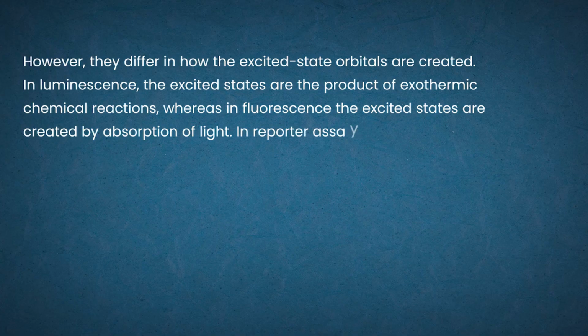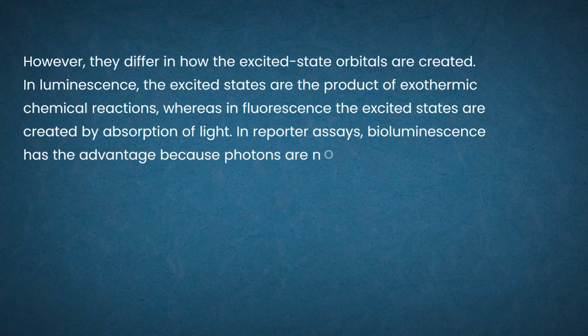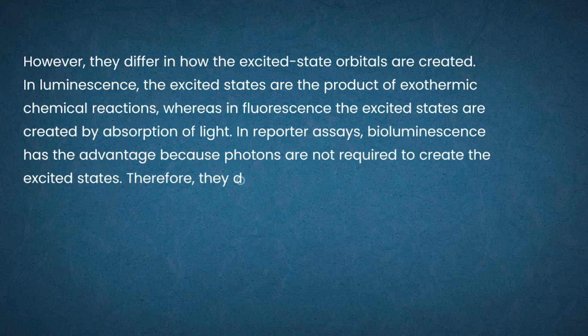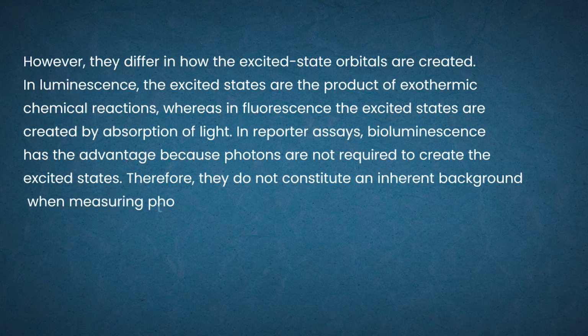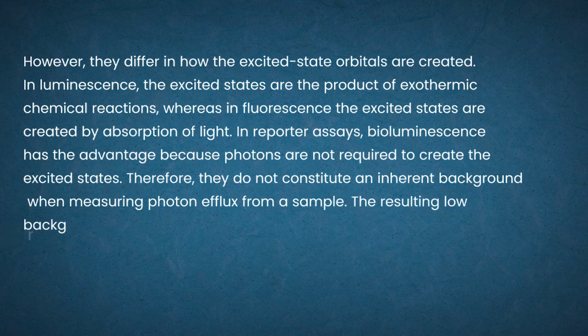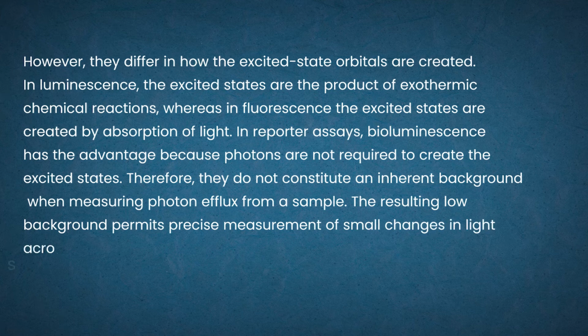In reporter assays, bioluminescence has the advantage because photons are not required to create the excited state. Therefore, they do not constitute an inherent background when measuring photon efflux from the sample. The resulting low background permits precise measurement of small changes in light across 4 to 8 orders of magnitude in the linear range of the assay.